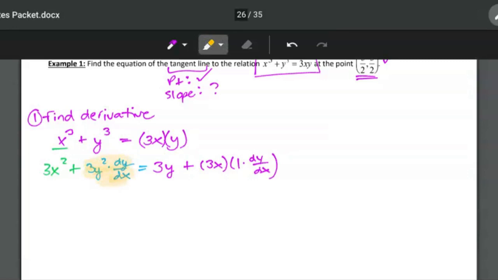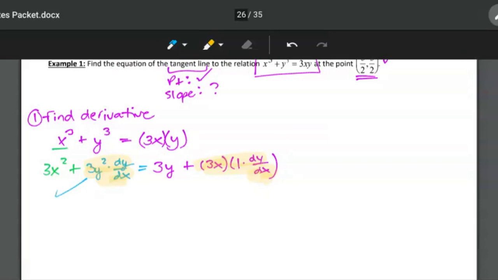So this term has a dy dx, so does this one. So we need to move all the terms with the dy dx's to one side of the equation, by themselves, and everything else to the other side. And I might do this in my head, pretty carefully, just to cut down on all the writing I have to do.